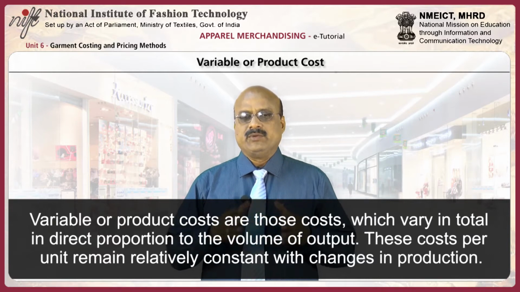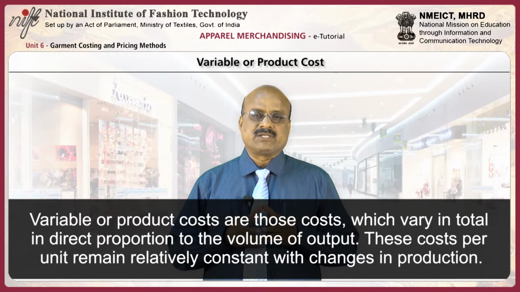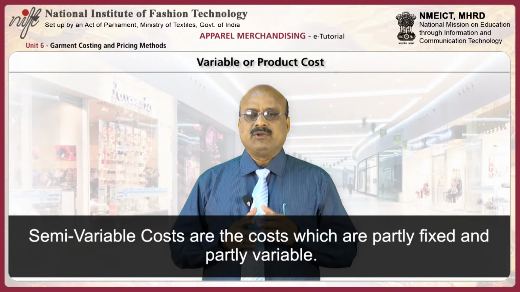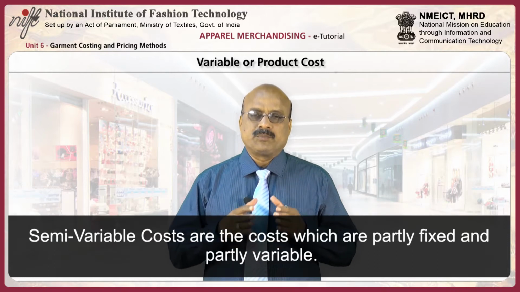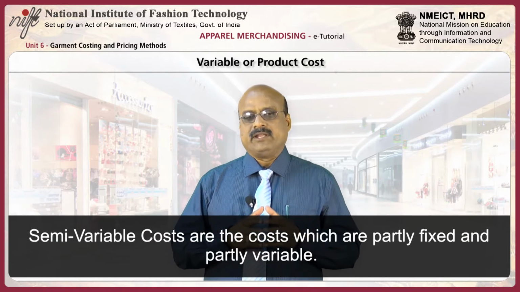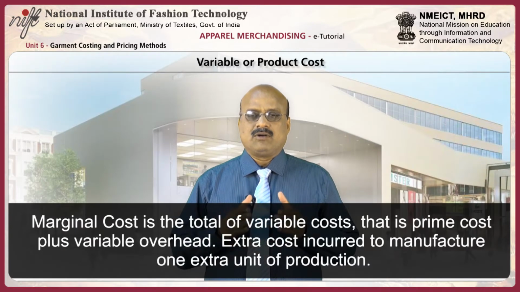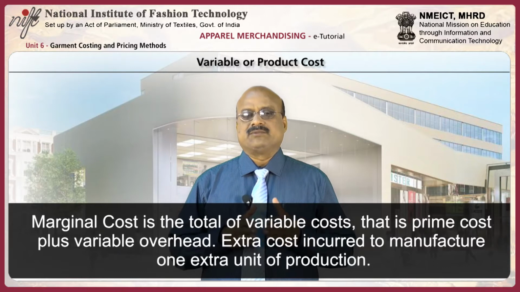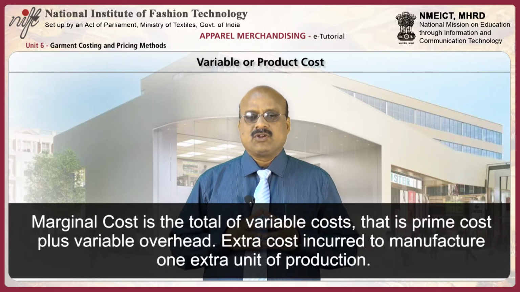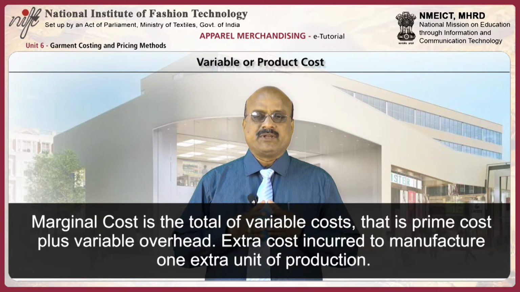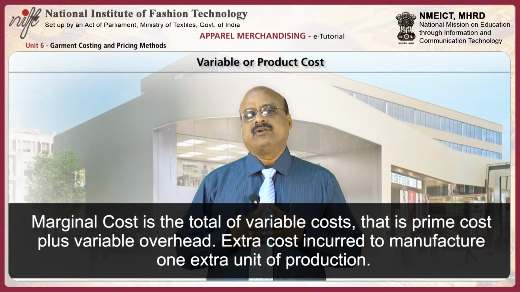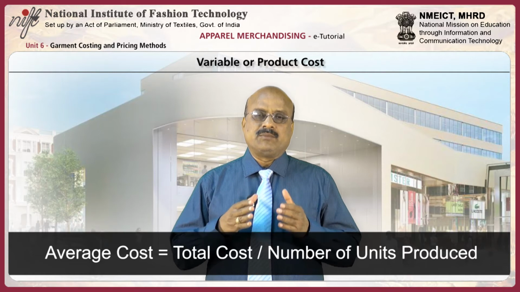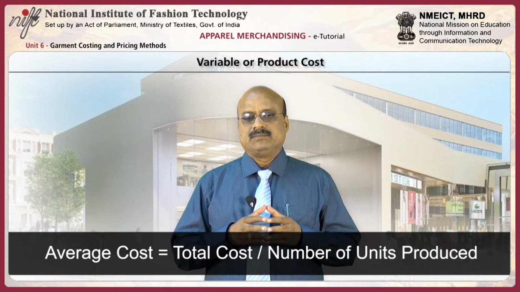These costs per unit remain relatively constant with changes in production. Semi-variable costs are those costs which are partly fixed and partly variable. Marginal cost is the total of variable cost, that is prime cost plus variable overhead, extra cost incurred to manufacture one extra unit of production. Average cost is the total cost upon the number of units produced.